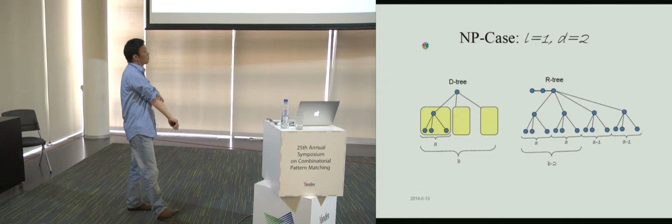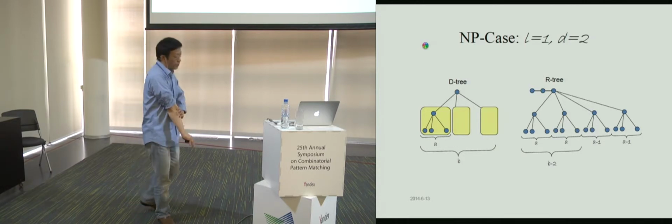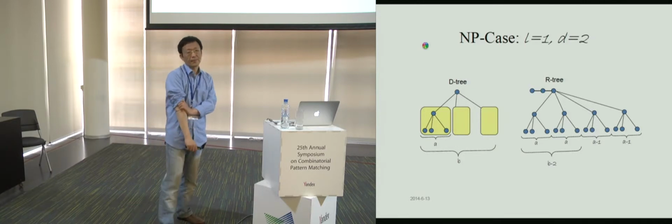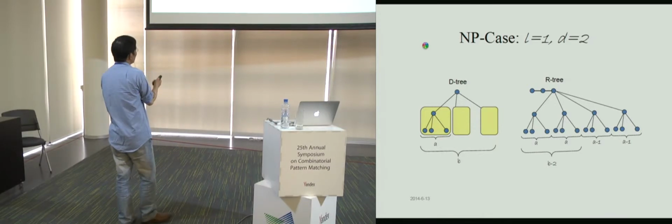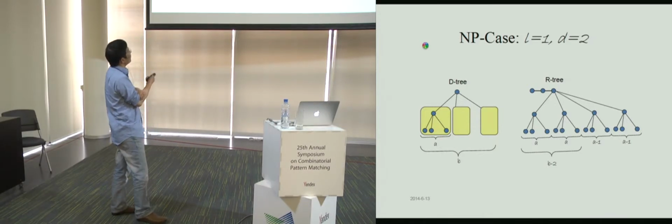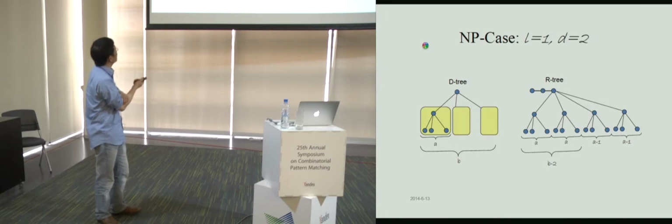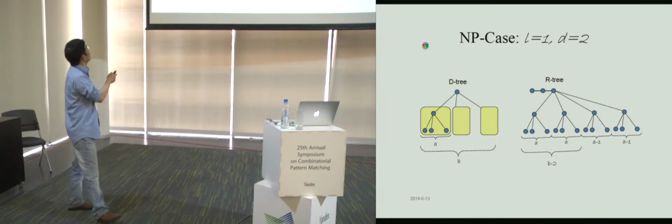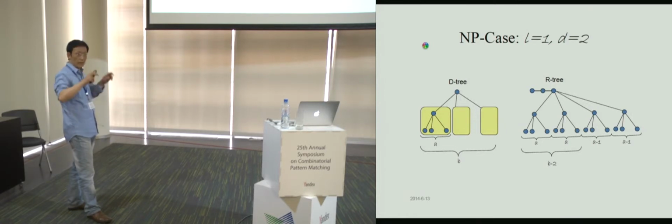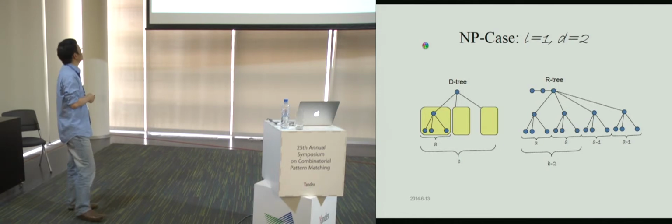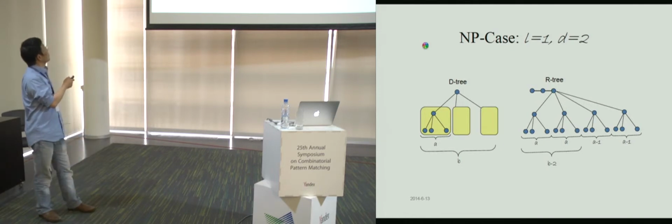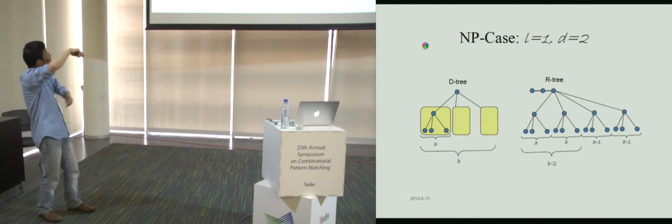This is a basic gadget for the reduction. Here, we have a D tree and an R tree. The D tree is a rooted tree with a root, and we have B identical subtrees under this root.